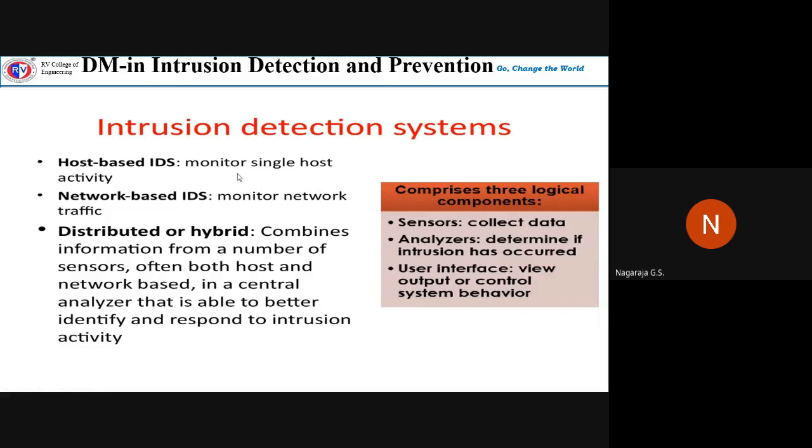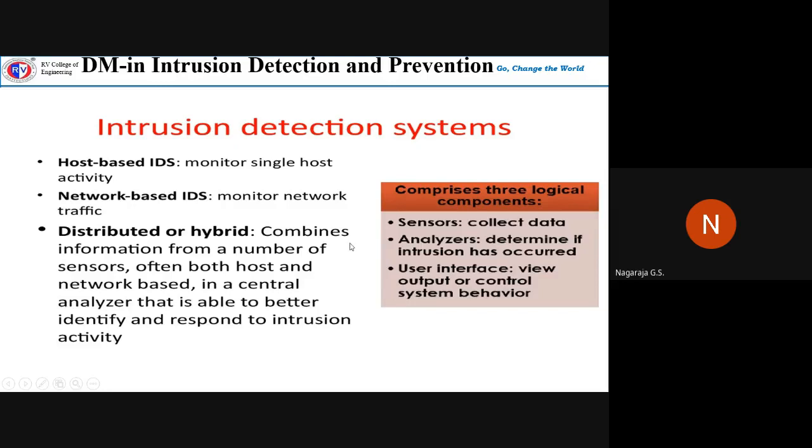Or it may happen at the network also, because as and when you want to send your data from one network to another network, some malicious intruder may inject other packets into your network. So that's the issue you may face in the case of network-based IDS.